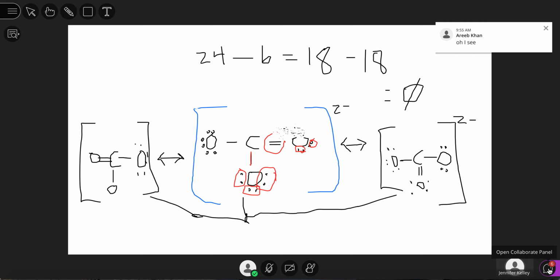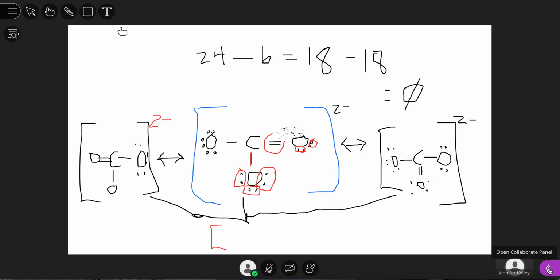All right, and then the actual structure, a lot of times you'll see this. And then you see these dotted lines. This is called a hybrid structure.